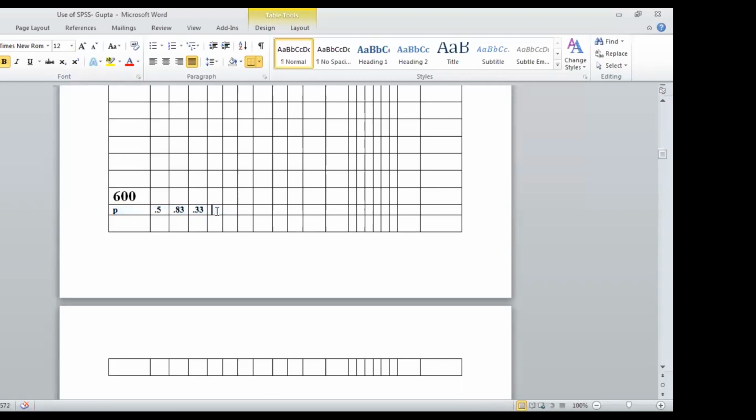So like this, you may have here 0.4, somewhere 0.2, somewhere 0.3, somewhere 0.9, like this.